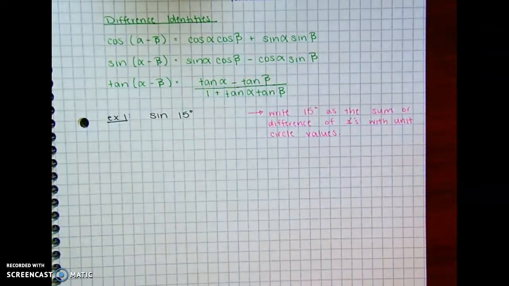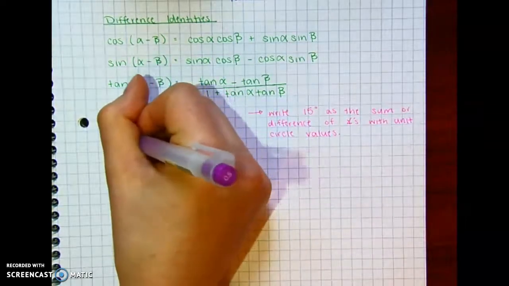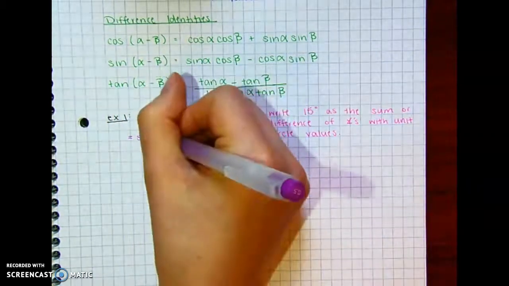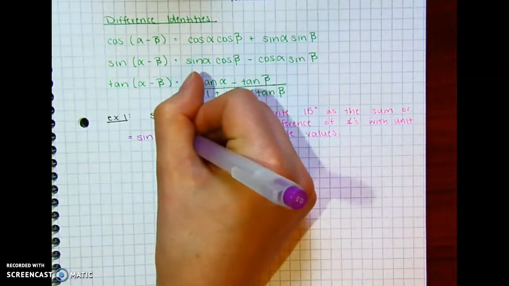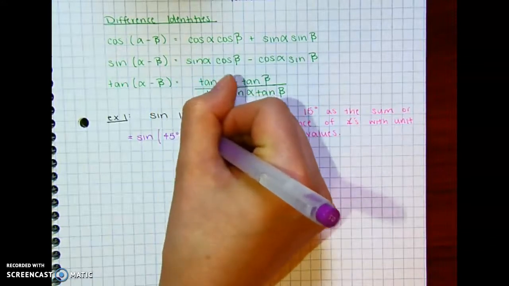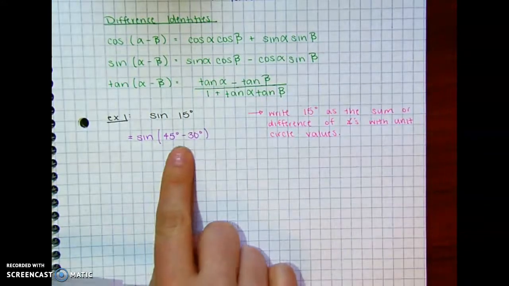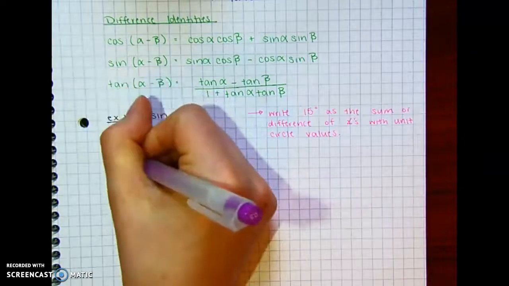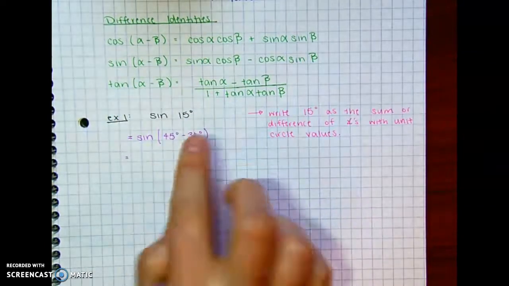Okay, so I know that sine of 15 is equivalent to, I could rewrite this instead of 15, say 45 degrees minus 30 degrees. So I'm doing the difference of two angles that I know on the unit circle. Then I'm going to apply my difference identity because it's the difference of two angles.